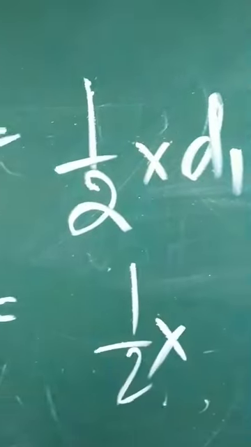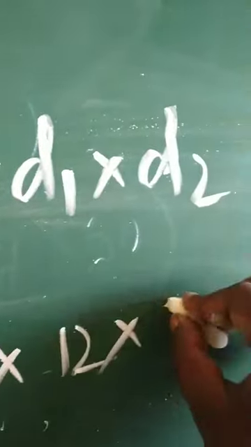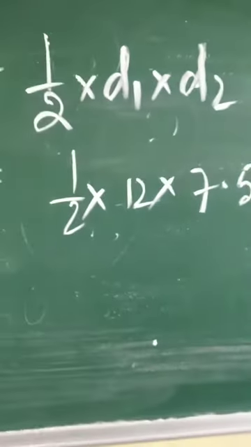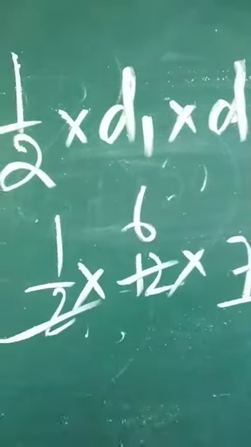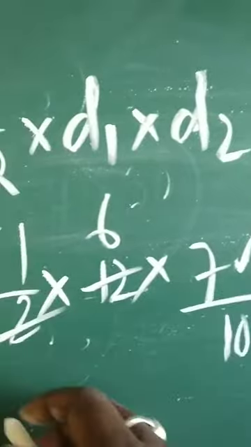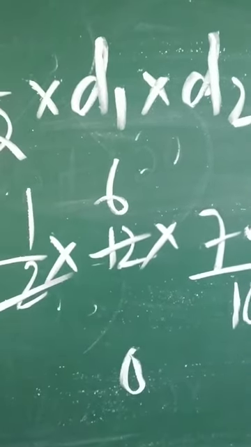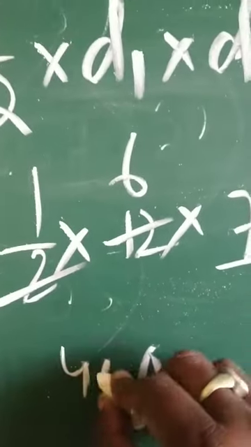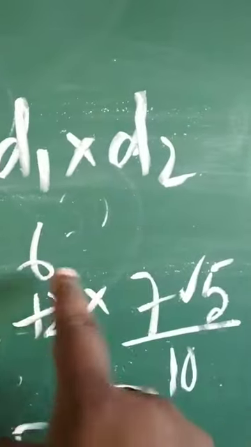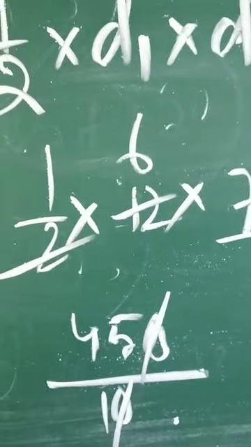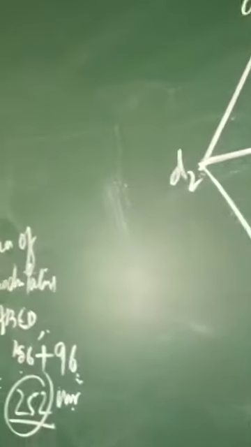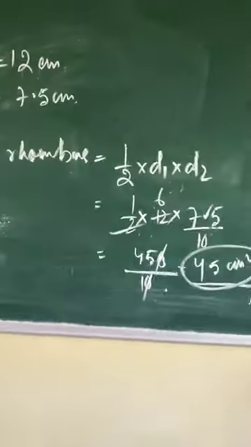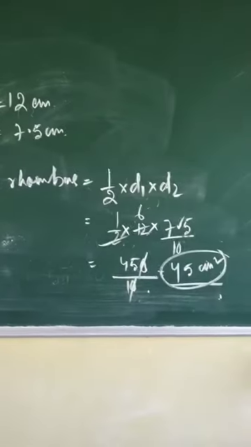So half into 12, which is 6, into 7.5. Removing the decimal point, I get 6 into 75 by 10, which is 450 by 10. The 0 gets cancelled, giving 45 centimeters square. This is the area of this rhombus.